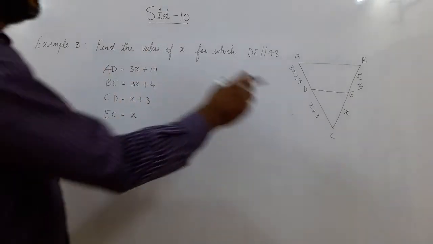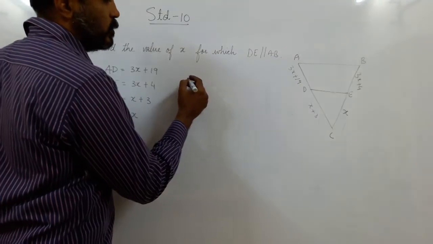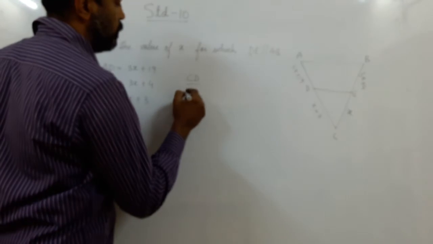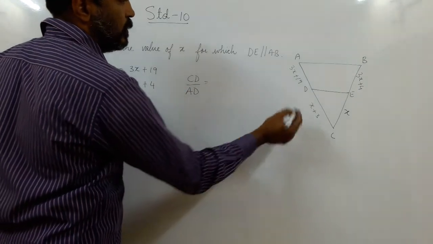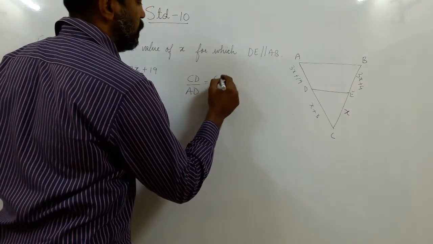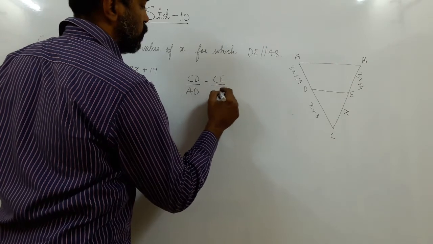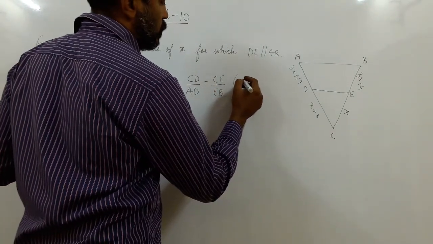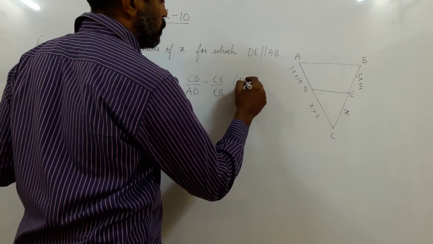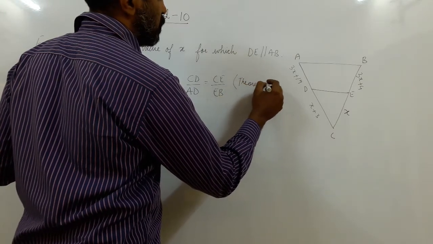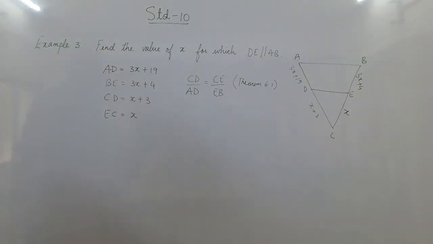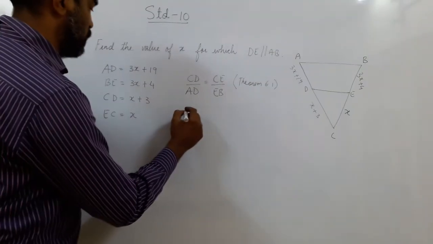So DE is parallel to AB, so what we have is the ratio CD upon AD equal to CE upon EB. What should I write here? You know the theorem, theorem 6.1, that if a line is parallel to one side, it divides the other sides in the same ratio. Now all you have to do is put the values down and do the sum.